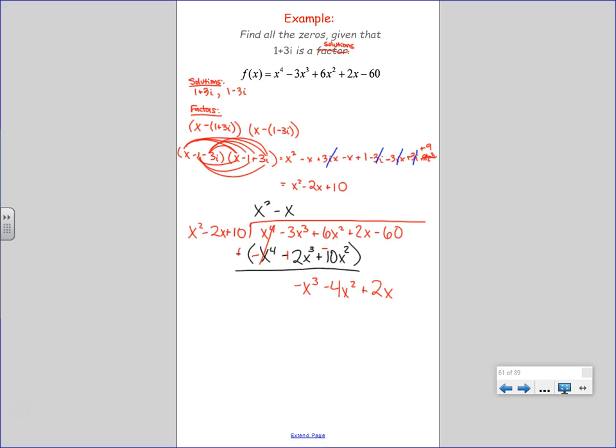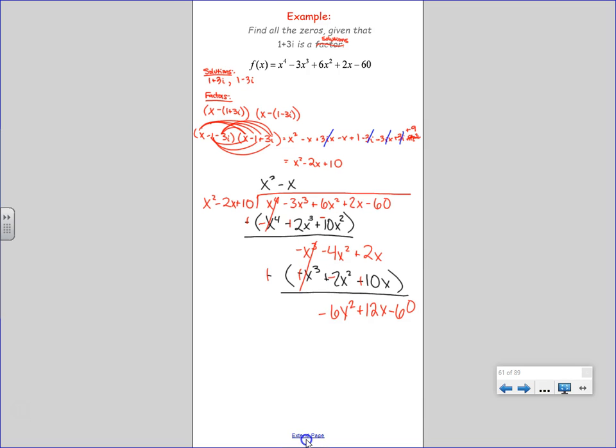Minus x, yeah? Ooh, it starts to work out pretty well. Yep, because we know it goes in evenly. It came from their factors. Minus 6, yeah?